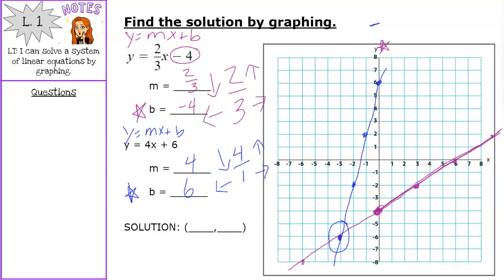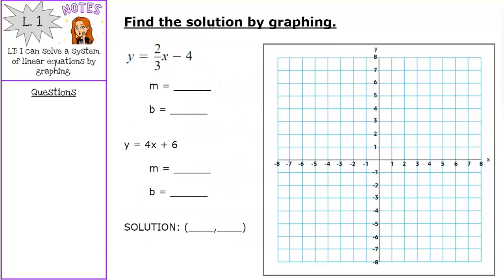So now the last thing that we need to do is write a coordinate for that point. It's at -3 on the x-axis, and it's at -6 on the y-axis. So our solution is (-3, -6). And that solution just means that's where those two lines cross. That's where they touch.